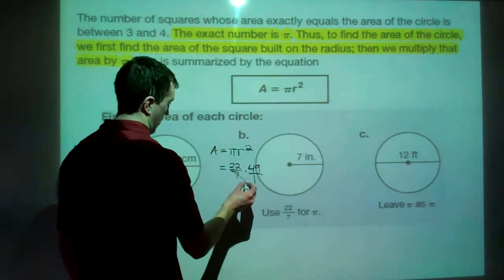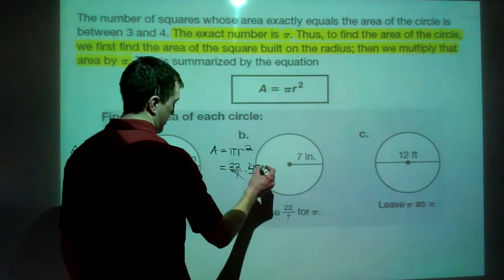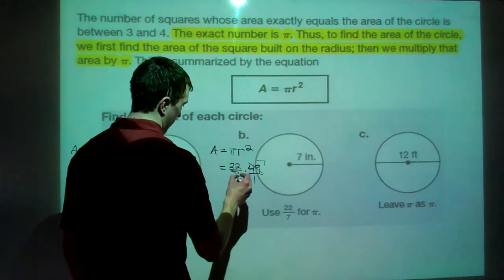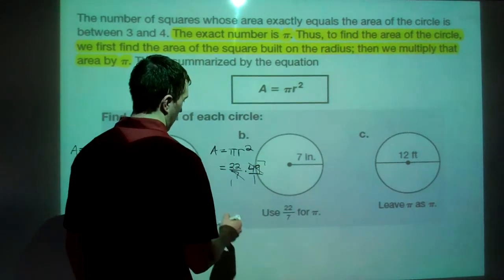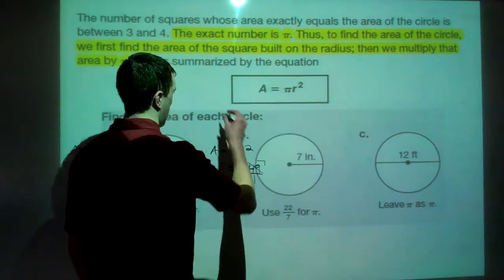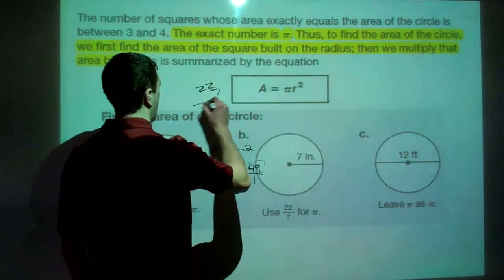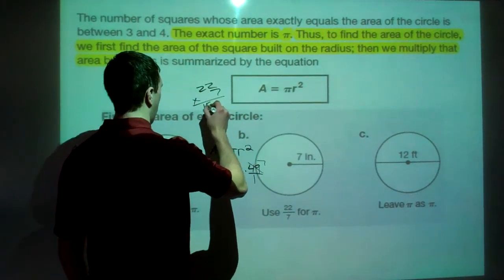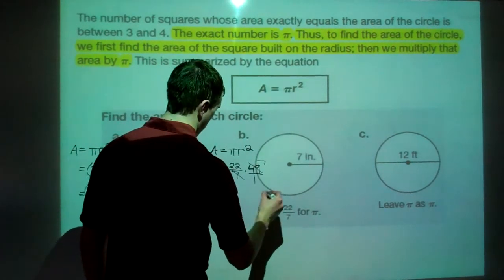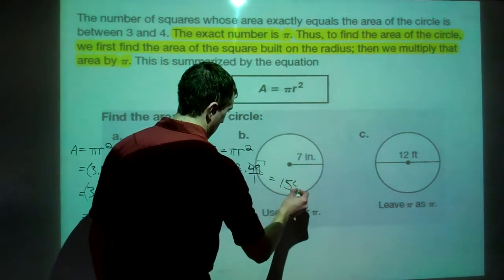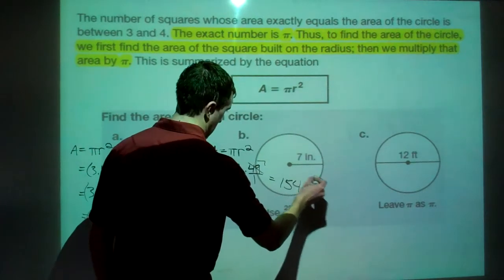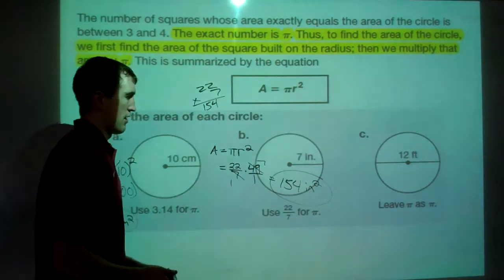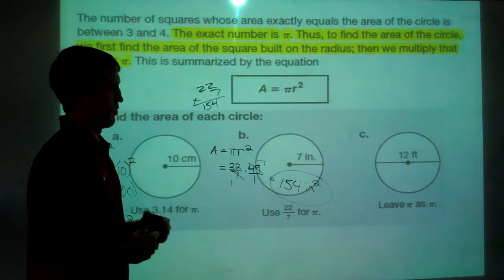And we get some canceling we can do again. 7 7s going here, 1 7 goes into 7. And we get basically 22 times 7. And if we do that, we get 154. So 154 inches squared.